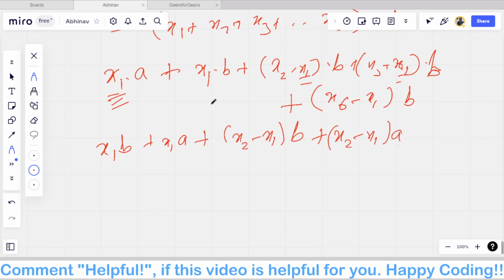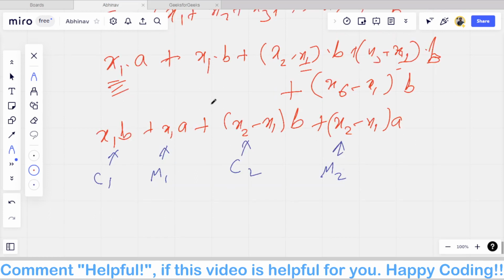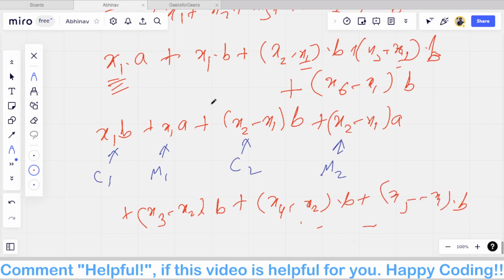This is conquer the first kingdom, this is move to the first kingdom, then this is conquer the second kingdom, this is move to the second kingdom. After that we are not moving, we are just conquering the other kingdoms. For that it is required (x3 minus x2)b plus (x4 minus x2)b plus (x5 minus x2)b, and we continue like this. Then we can move to the third kingdom, then the fourth kingdom, like that.